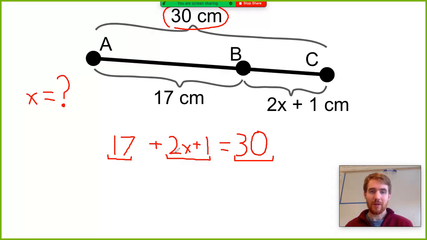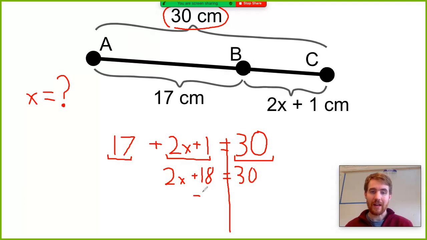So we've got 17 plus 2x plus 1 equals 30. We can combine like terms here, 17 and 1. They're both constants, neither has an x. So we'll combine those and we'll get 2x plus 18. Note that we cannot combine 2x and 18 because this has an x, a variable, and this does not. So 2x plus 18 equals 30.